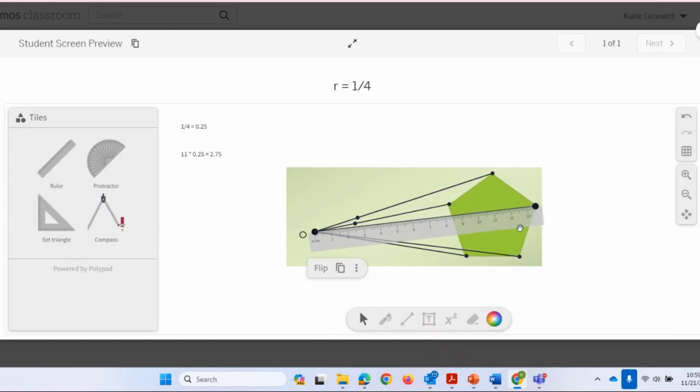All right, now I'm going to go to my next point. And I go right over here and I see that it is 13.5. So I'm going to do the same exact thing, 13.5 times 0.25. And I get 3.375.